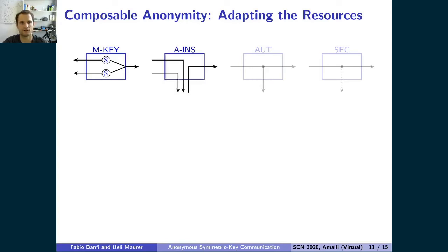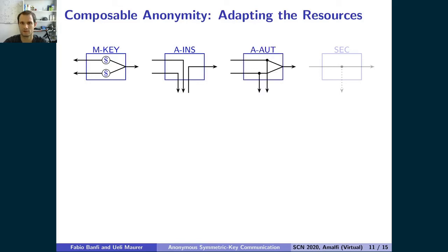For the insecure channel, we allow the two senders to input messages, which will all be output at the adversary interface. And in particular, note that at the adversary interface, the information of who the sender is is not published.